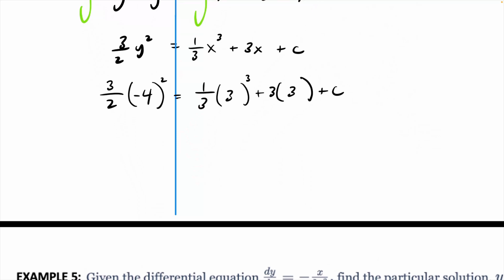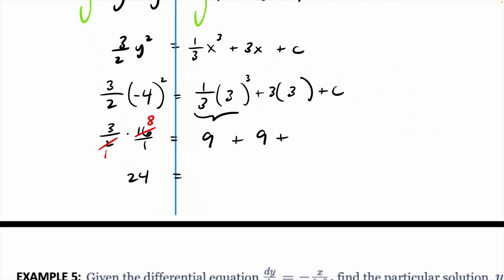So -4 squared is 16. 3 over 2 times 16 is 24, because these would cancel out. You could divide this by 2, you could divide this by 2. 1/3 times 3 cubed. 3 cubed is 27, times 1/3 is actually 9.